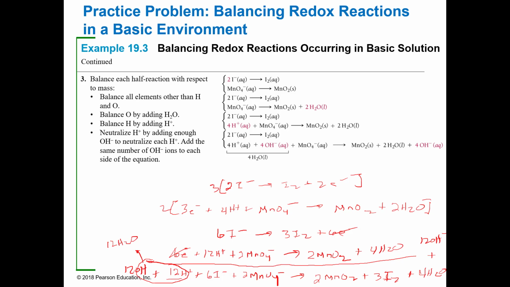But you have 4 waters on the product side. So those 4 waters go away, and we subtract 4 from the reactant side, and we have a total of 8 waters left. All right, 8 waters. So you got 8 waters left on the product side.